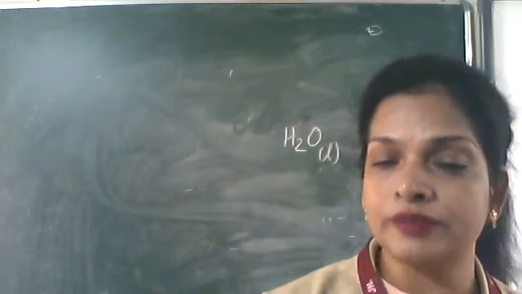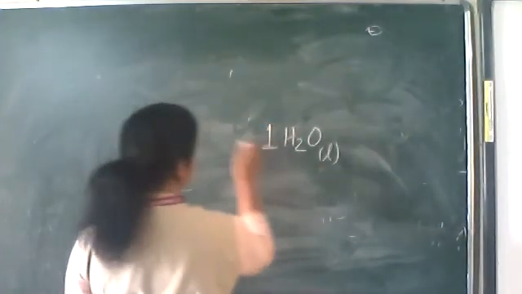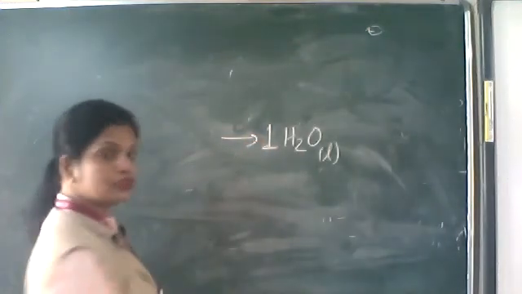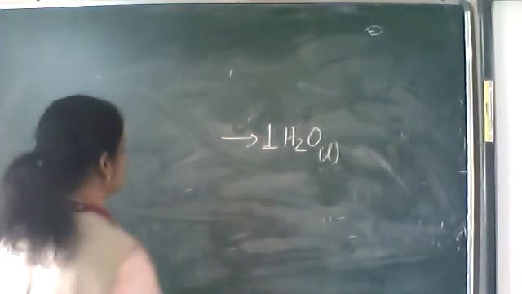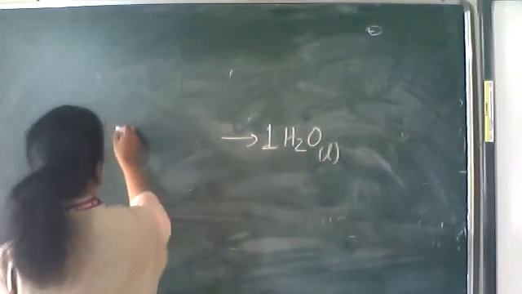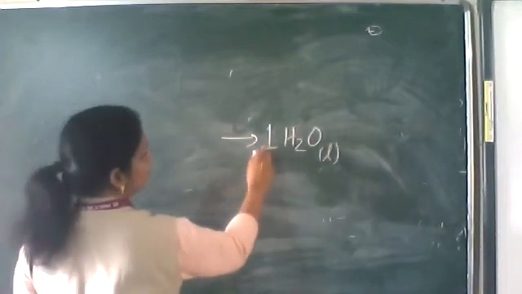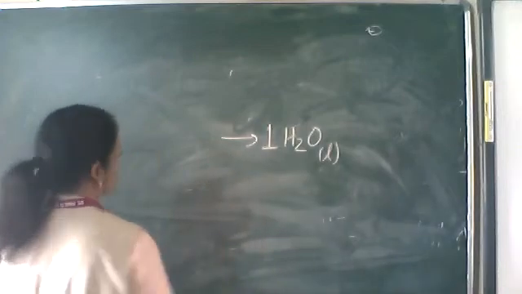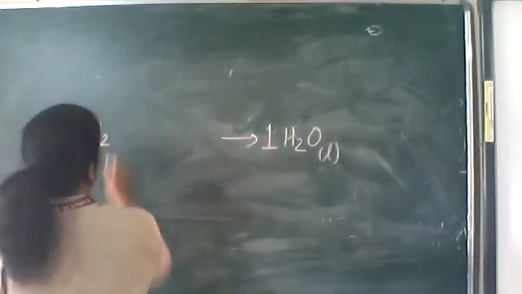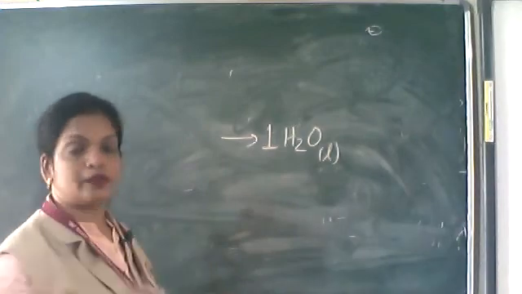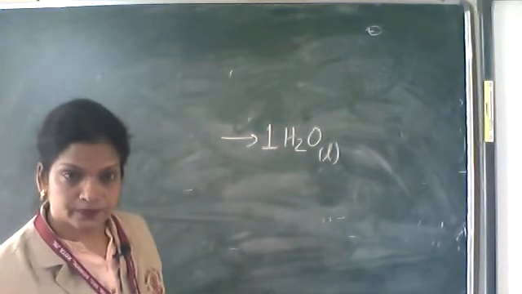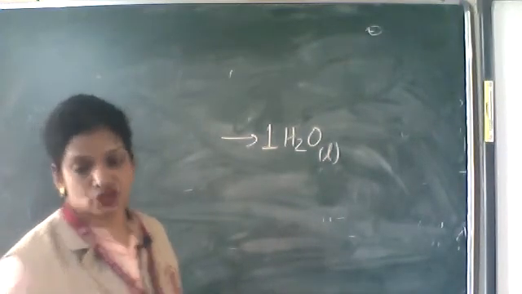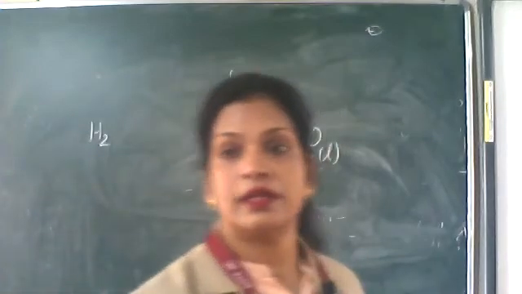When 1 mole of this is formed from its constituent elements, what are the constituent elements? Hydrogen and oxygen. So H2 should be in its most stable state. That is also called reference state.